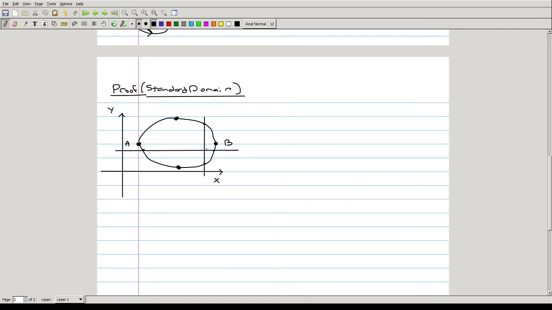And the idea here is that we can solve for a function of the top and a function of the bottom of the domain for any single one of these boundary curves, so to speak.